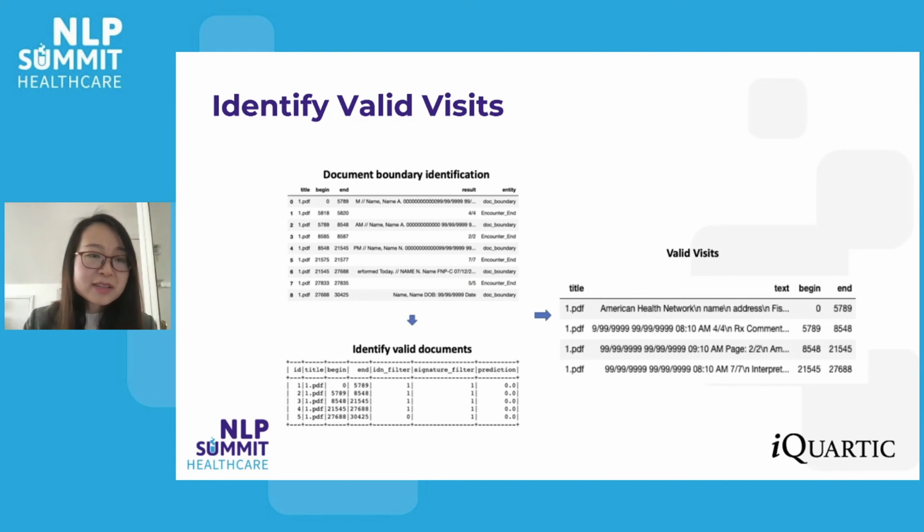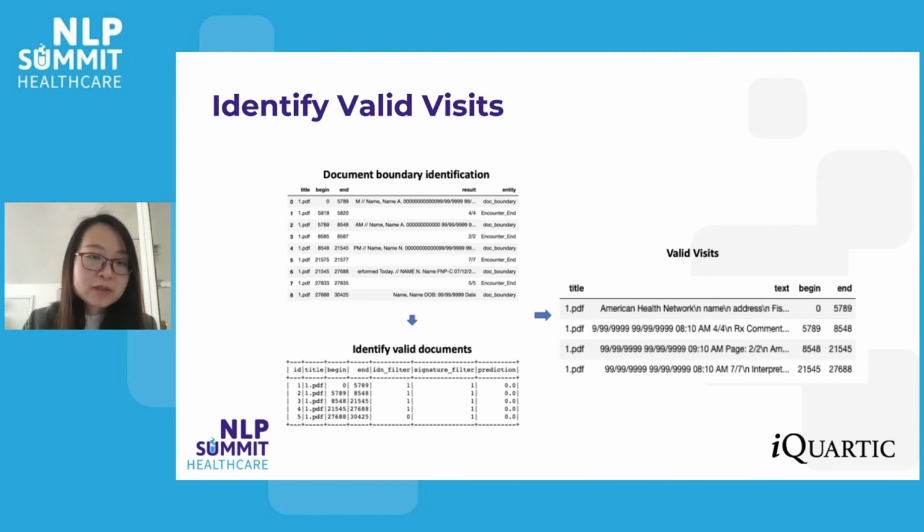Here we can see we successfully find those boundaries in the upper left table. We have those encounters indicating the real boundary of this document, and we can compare it with the boundary predicted by the pipeline.